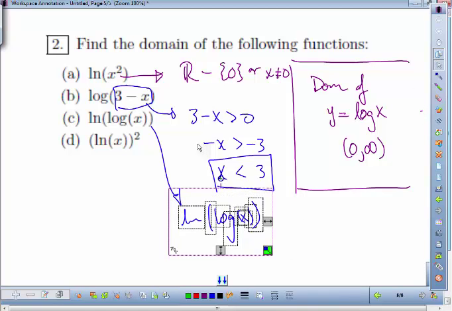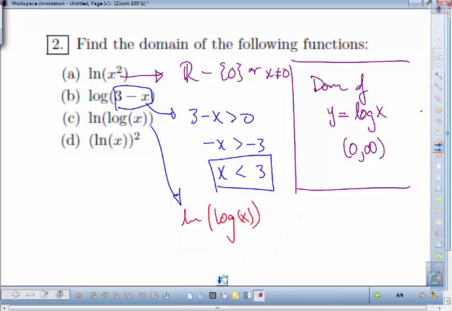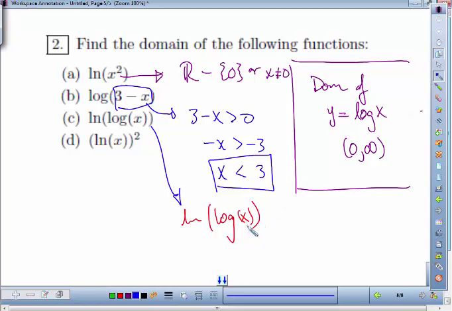Okay, we have a little bit of a problem there, though, because if we put in a 0.5 here, this thing will be negative, and then I can't put a negative number there.